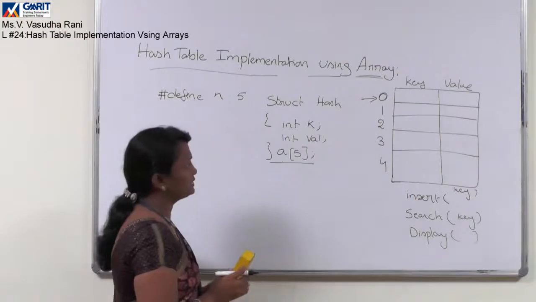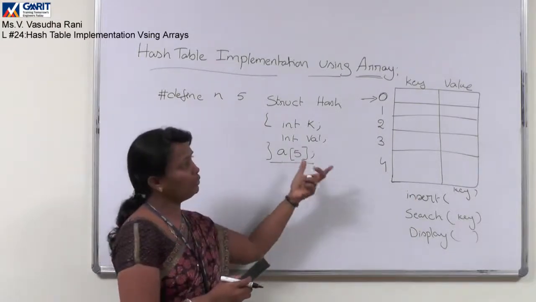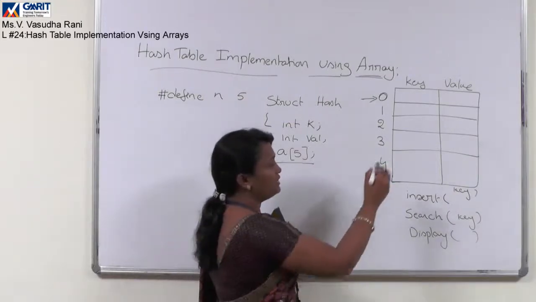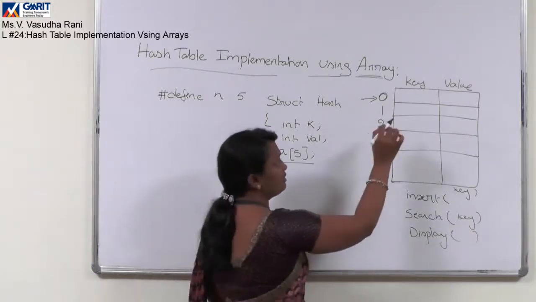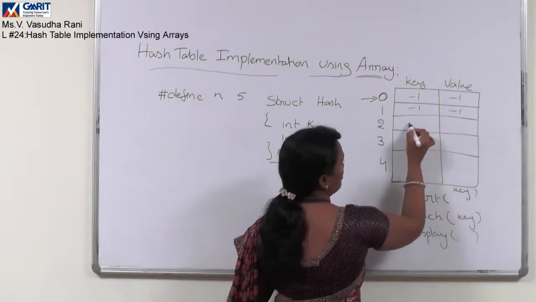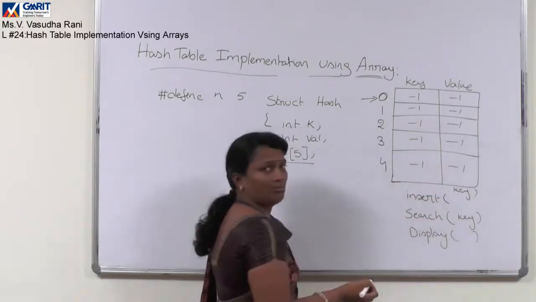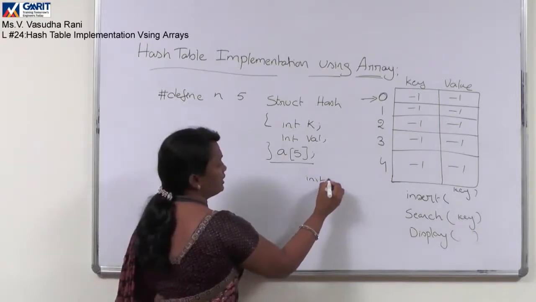And one more logic is that in order to indicate empty locations in the table, let us do one thing. Initially, let us initialize every location in the table with -1, which indicates that every location is empty. For this, let us define an init method.